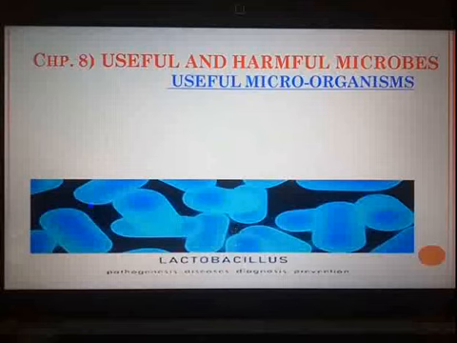The microorganisms around us which are useful to mankind are termed useful microorganisms. The two useful microorganisms we were introduced to yesterday were lactobacilli and rhizobium.